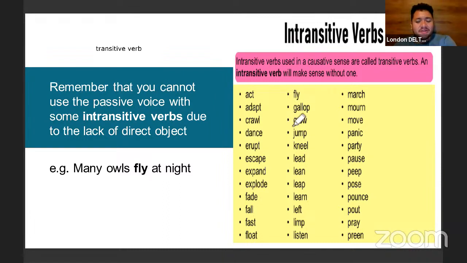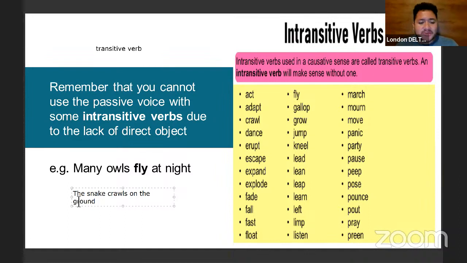Okay. We have here a couple of examples. For example, we have crawl. Crawl es arrastrarse, ¿no? Como we could say, the snake crawls on the ground. La serpiente se arrastra en el suelo.